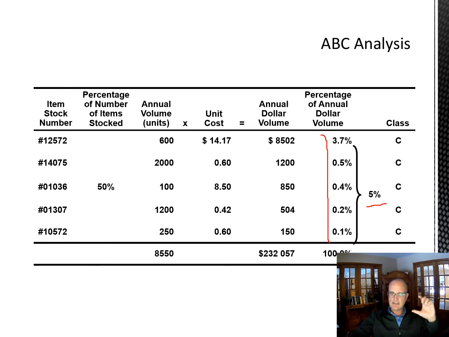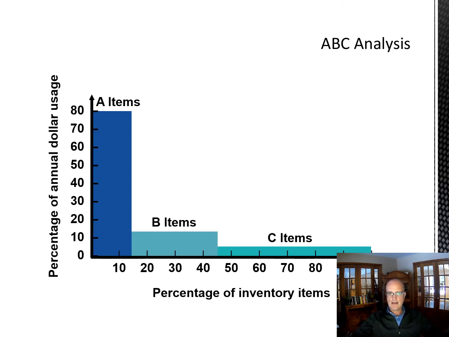So ABC is just a way of prioritizing. We multiply annual volume times unit cost to get a percentage of the total annual volume, and then set priorities for managing inventory. So that's a very simple way. There are other things that you can think about, and you can graph the percentage of dollars and percentage of items.